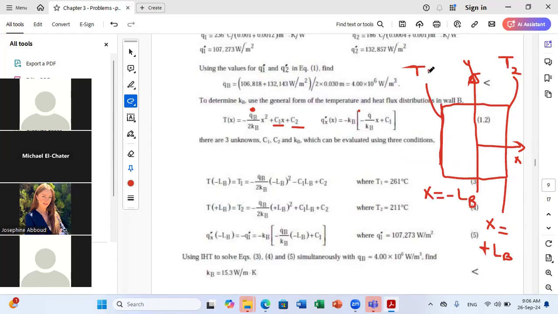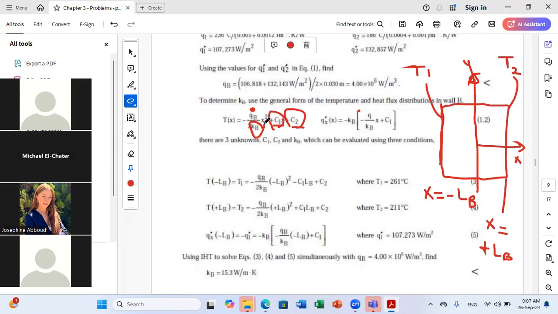So first I can apply these two conditions, okay? But of course I have to add an equation. Why? Because what are the unknowns in this equation, T as a function of x? I need C1, I need C2, but also I have KB, which is the conductivity, okay?